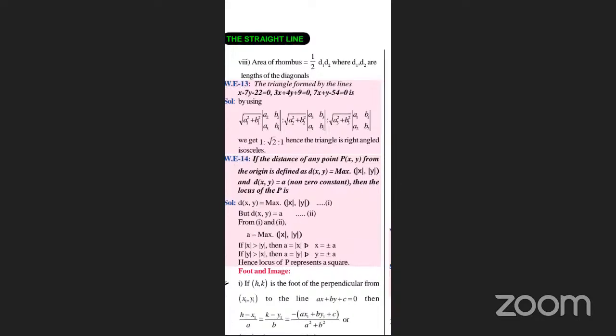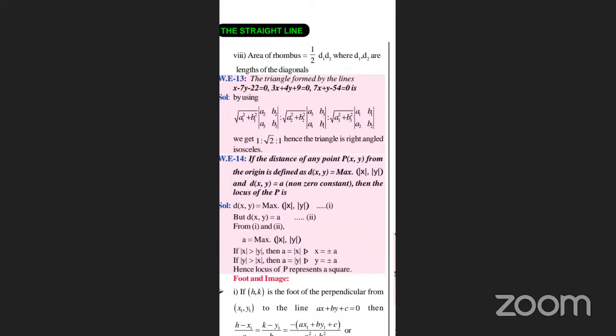For example, if this is the rhombus formed, and the length of this diagonal and the length of this diagonal are given, then the area of the rhombus is given by half into D1 into D2. D1 and D2 are the lengths of the diagonals of the rhombus.